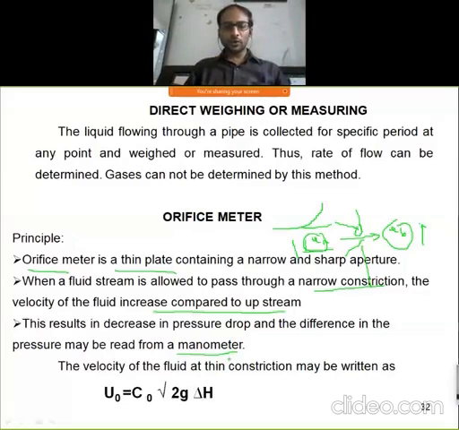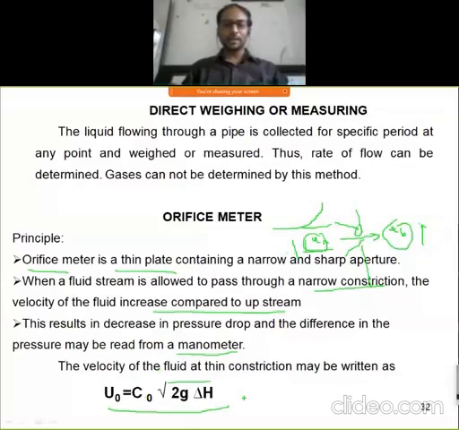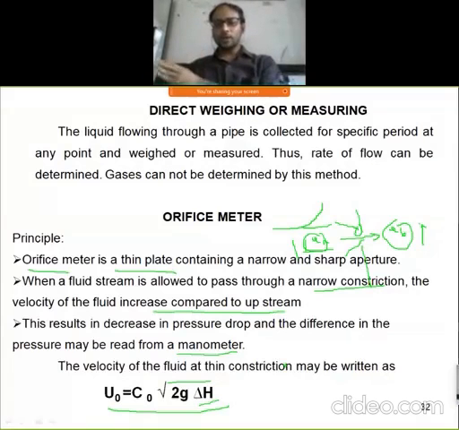Okay, so the velocity of the fluid at the thin constriction we can find out by using this equation: u0 equals c0 times the square root of 2g delta h. Here u0 is the velocity at the orifice, c0 is the constant, and delta h is related to the pressure drop, how much pressure drop occurs in the manometer due to the change in velocity by giving that thin obstruction or narrow constriction to the fluid flow, from the upward to the downward direction, right?